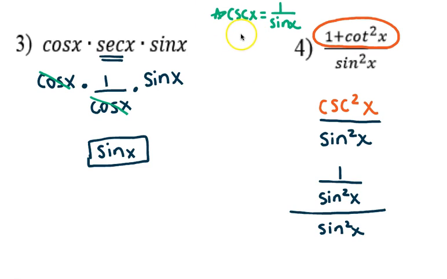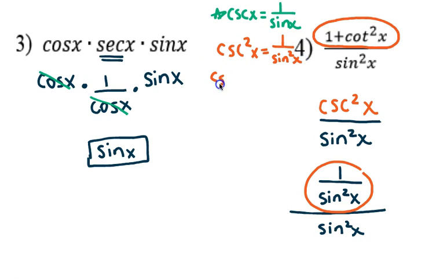Okay. Now the reason why I was able to rewrite the numerator this way is because just like cosecant x is equivalent to 1 over sine x, if I look at doing cosecant squared x, that's equivalent to 1 over sine squared x, and so on. Cosecant cubed x would be equivalent to 1 over sine cubed x, and so on. Okay?